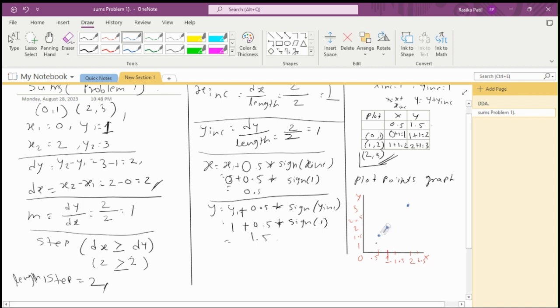And then we will draw our line with respect to that.